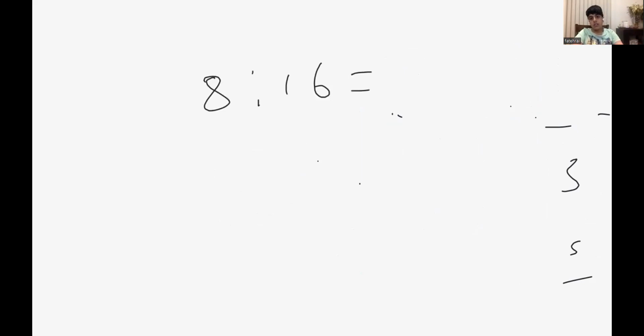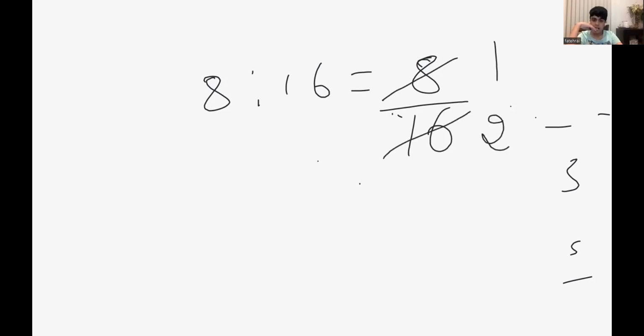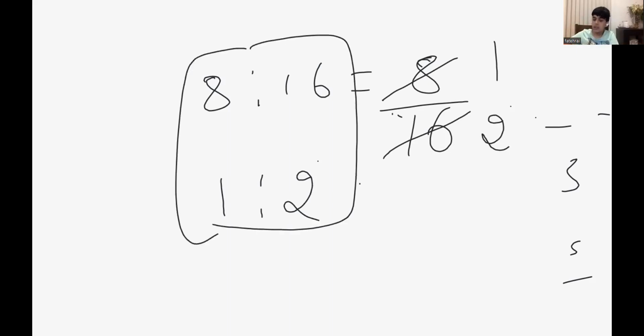We can write 8/16 and simplify it like we usually do for division. 8 times 1 is 8, 8 times 2 is 16. So the simplified ratio will be 1:2. So 8:16 is equivalent to 1:2. Just write that down. This is what we call equivalent ratio.